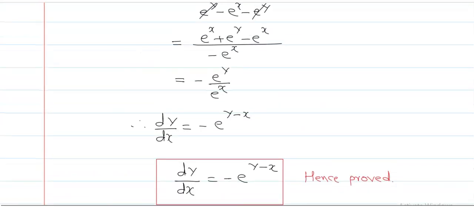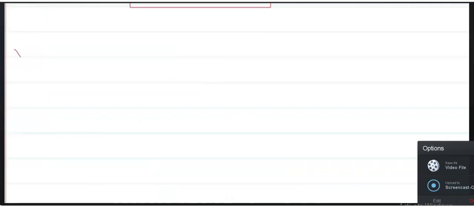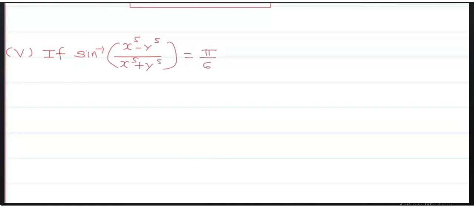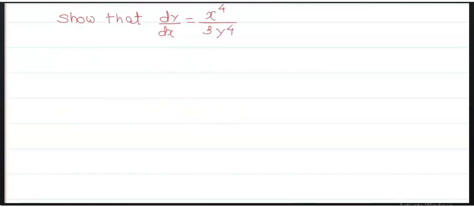Next is number 5. If sine inverse in bracket x raised to 5 minus y raised to 5 upon x raised to 5 plus y raised to 5 is equals to pi by 6, then show that dy by dx is equals to x raised to 4 upon 3y raised to 4.